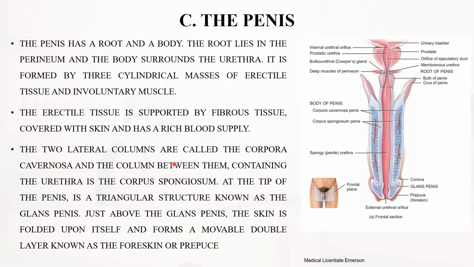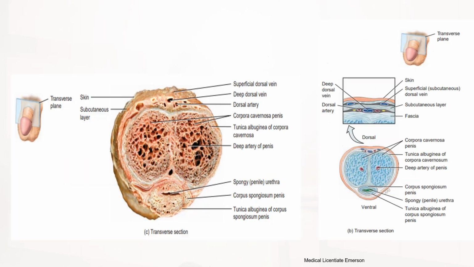The two lateral columns are called the corpora cavernosa, and the column between them containing the urethra is the corpus spongiosum. At the tip of the penis is a triangular structure known as the glans penis. Just above the glans penis, the skin is folded upon itself and forms a movable double layer known as the foreskin, or the prepuce.